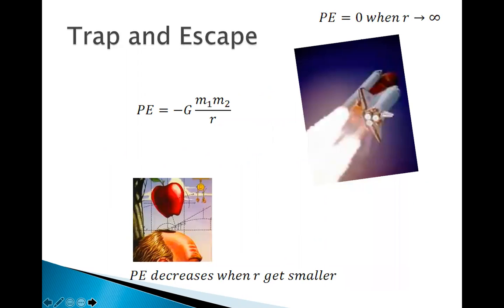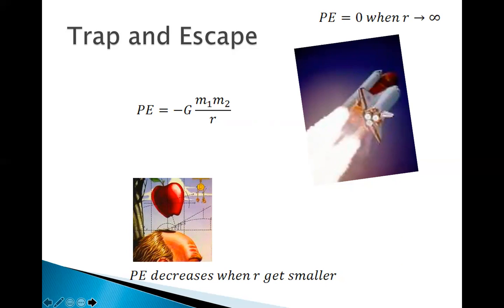Another example is trap and escape. Using potential energy helps us understand how objects stay on Earth. As a matter of fact, the potential energy between an object and the Earth is a negative value, and the potential energy at infinity is zero, because objects always move naturally from a higher potential energy to a lower potential energy.